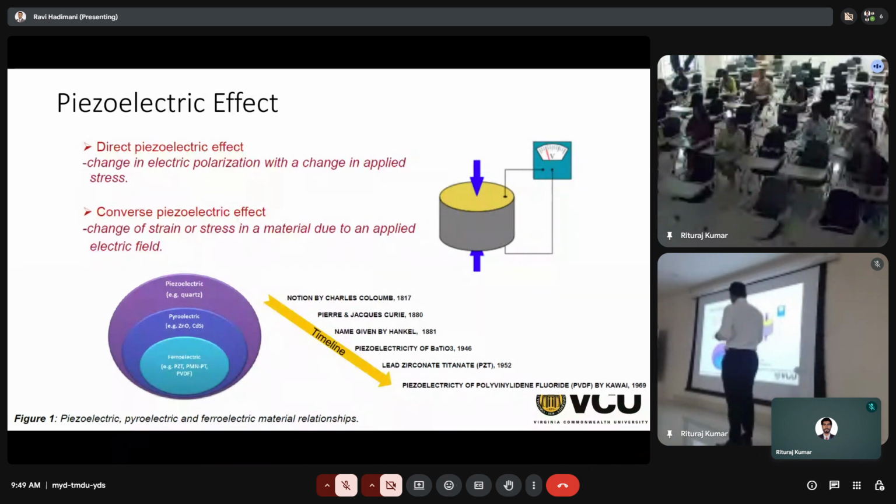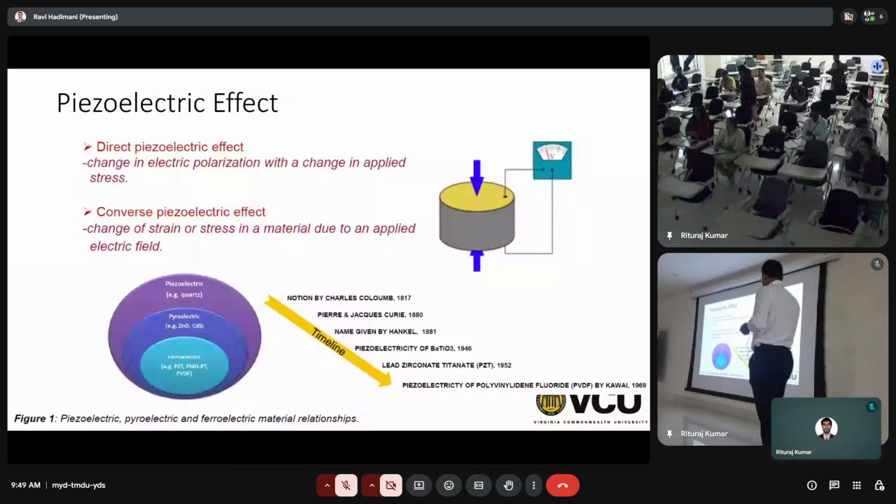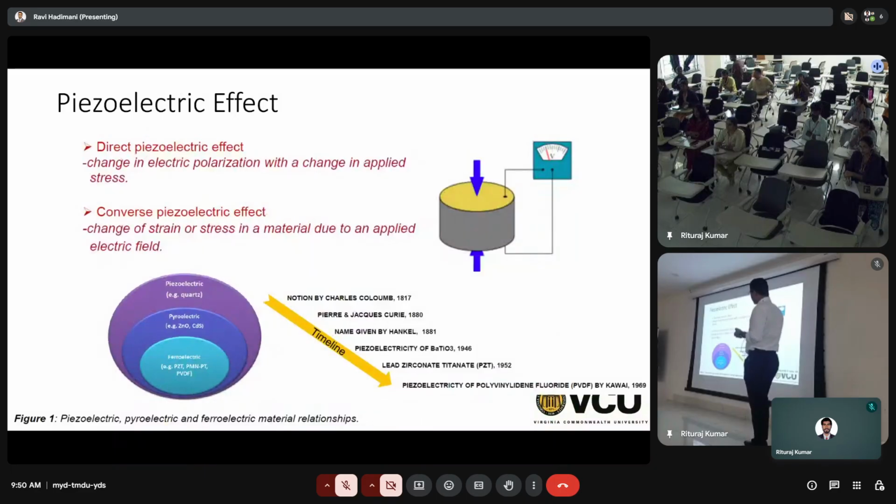So the notion of piezoelectric materials was first described by Charles Coulomb himself. Coulomb is the person who described charge. That's way back in 1817, because it existed in quartz and other natural materials.